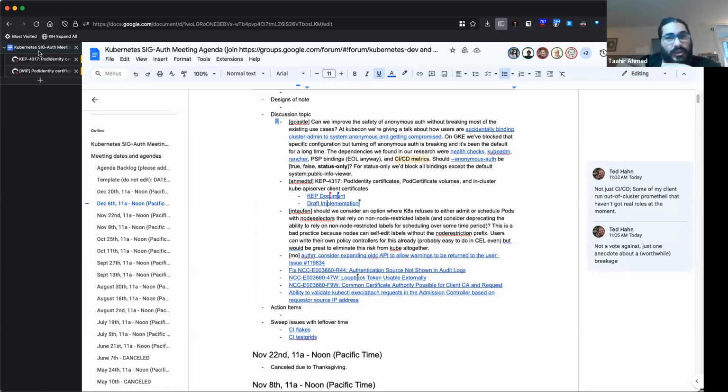Then kubelet will generate a key and send a certificate signing request to the designated signer with a specially formatted CSR inside it. The signer and approver can decide, hey, I want to issue that, or I don't want to issue that. Then kubelet puts the issued certificate into the pod volume, and it repeats that for rotations before the certificate expires.